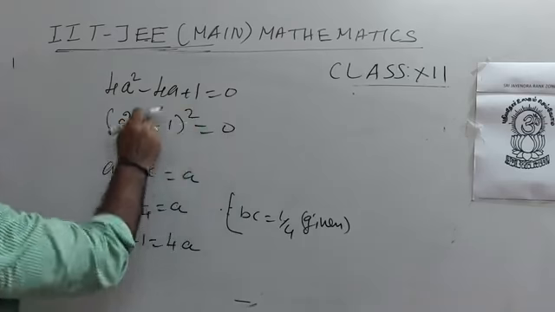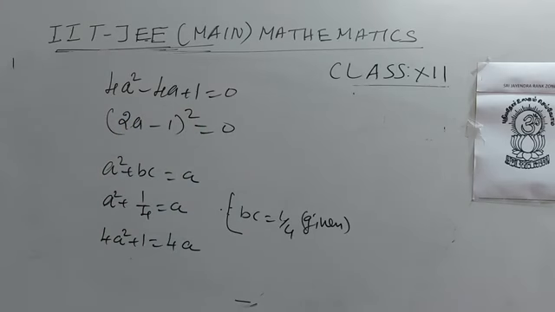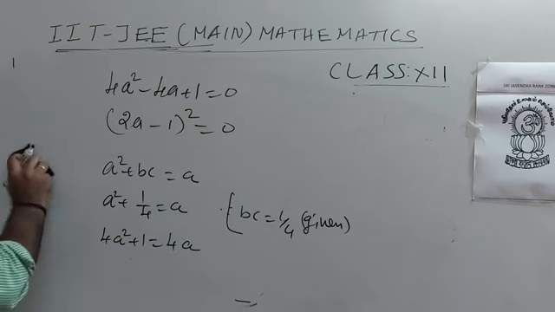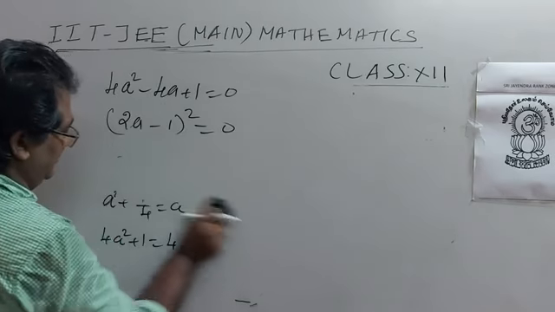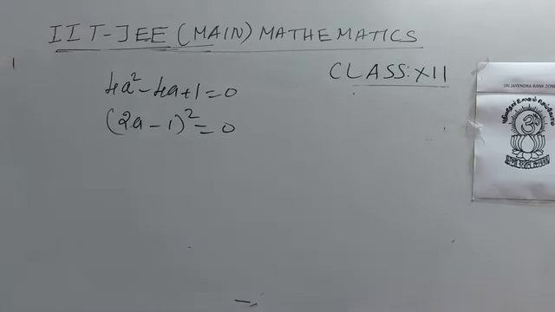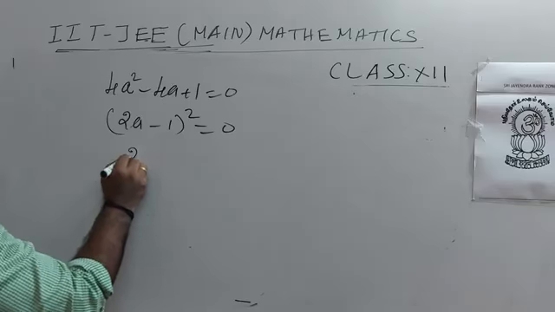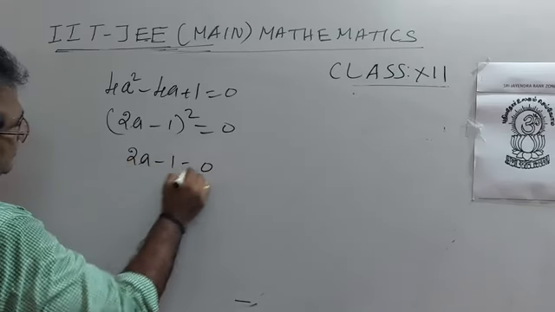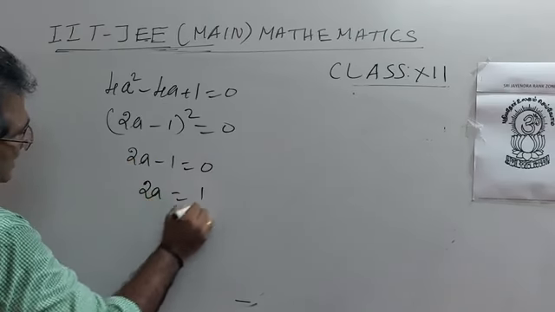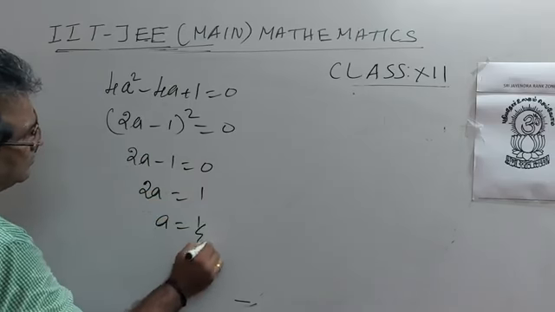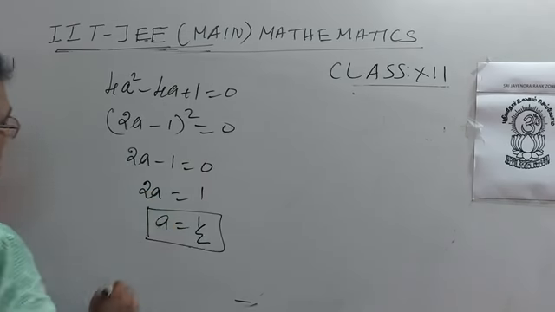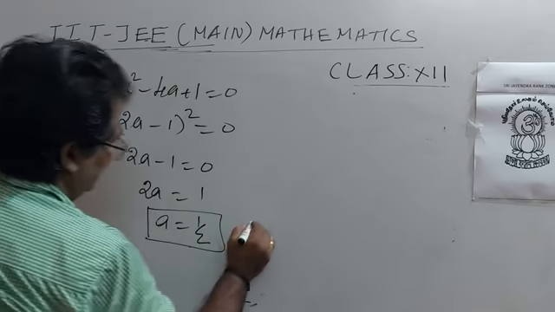This is nothing but the expansion of (2a minus 1) whole squared, using a squared minus 2ab plus b squared. So 2a minus 1 equals 0, 2a equals 1, a equals 1 by 2.